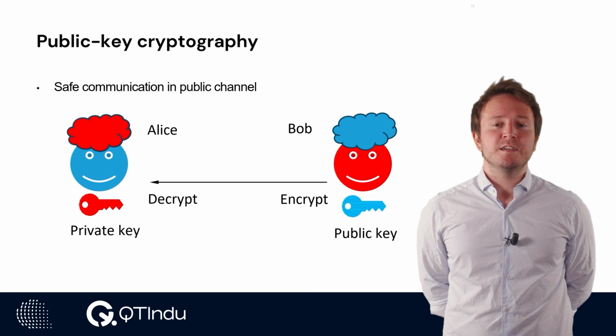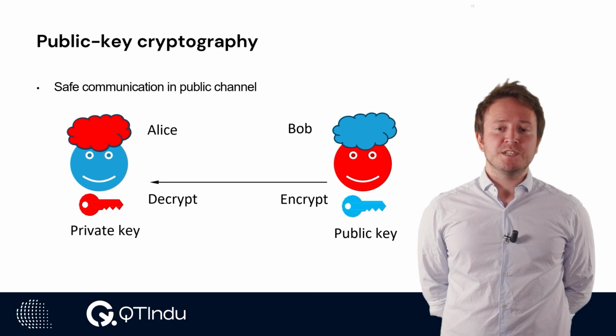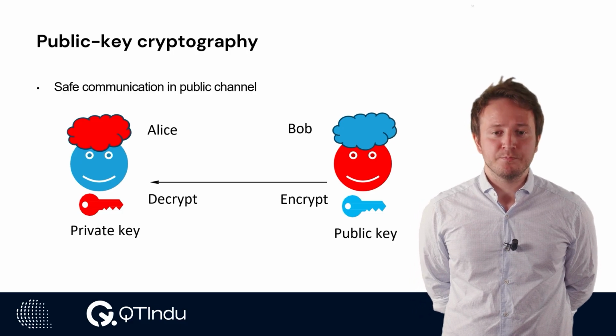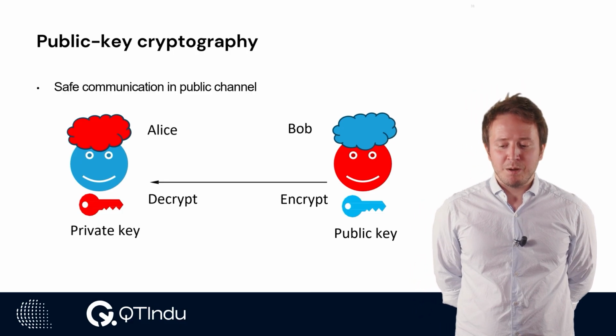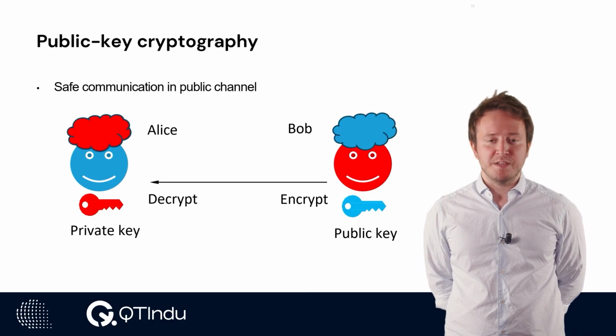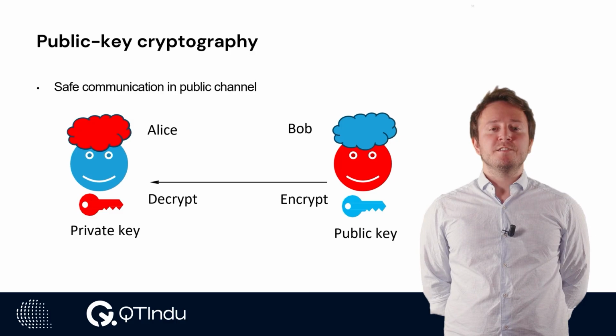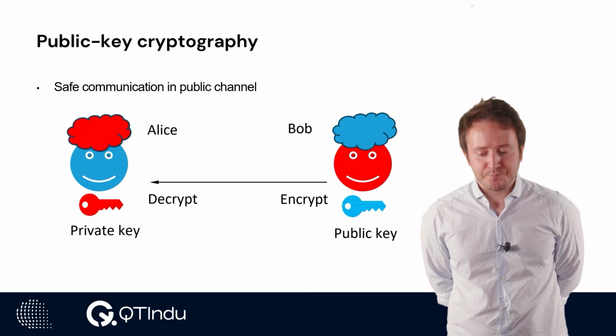Now Alice has a public key that she can give Bob, and Bob can encrypt the message by using this public key. So in public key cryptography, Alice publishes a public key that then Bob uses to encrypt the message. And then Alice uses a private key to decrypt the message.